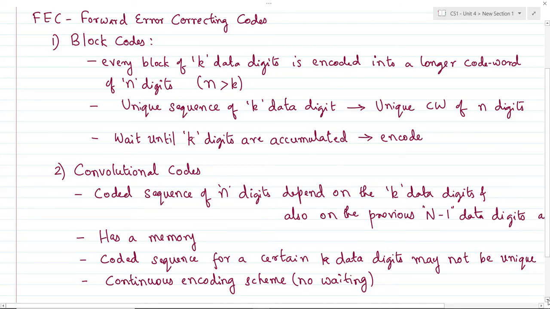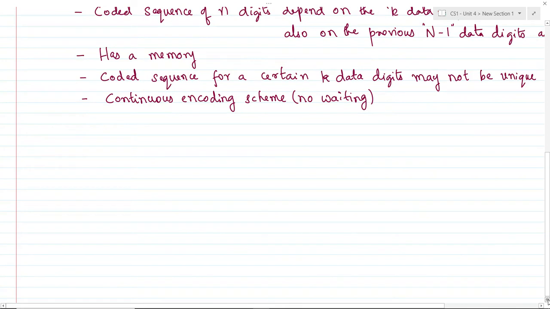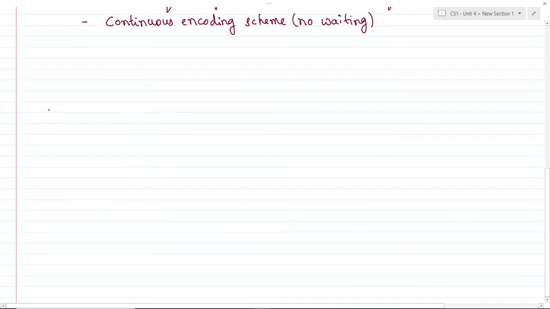Okay, so that's the primary heads up for what is in place for the next couple of lectures. All right, so we have seen from Shannon's noisy channel coding theorem that we studied in the last unit.